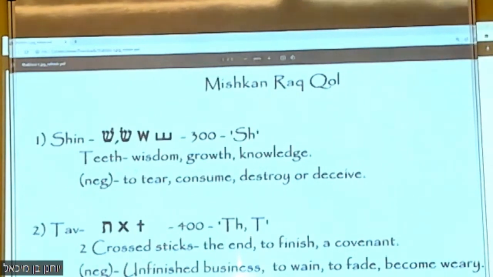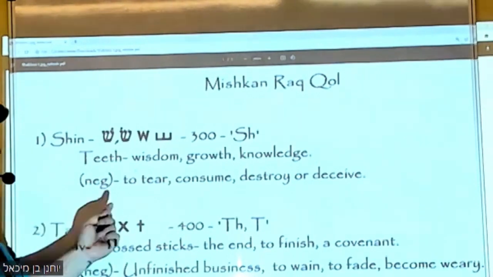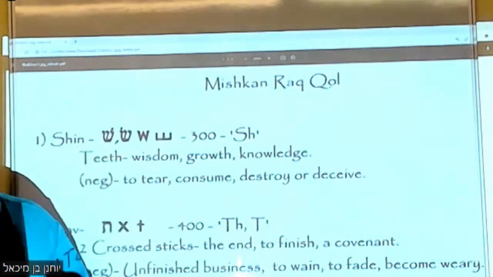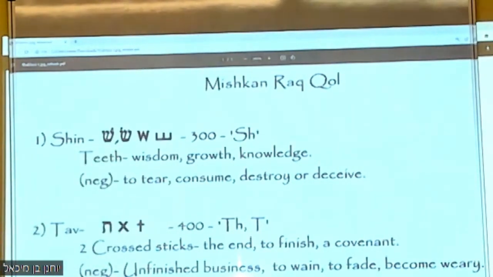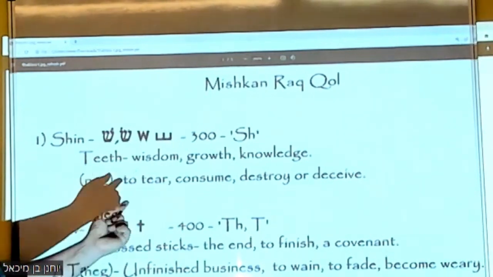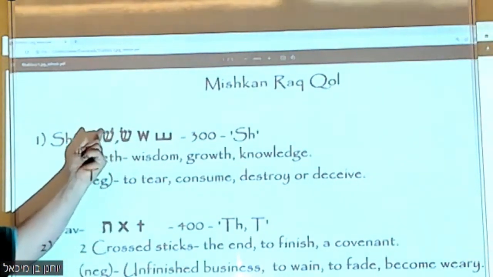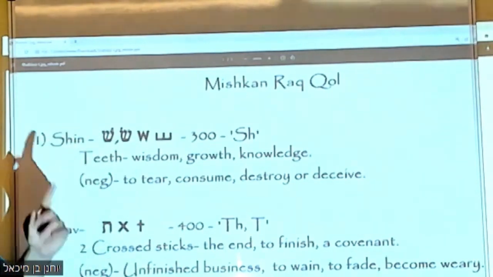And another thing to remember is if you ever see this with the dot over the right-hand side, there are no vowel points that have a dot over the right-hand side. So you know, well, it's not a vowel point. That's a pronunciation marker. So since it's not a vowel point, anytime you see this letter with a dot over the side of it, it could be carrying other vowel points.